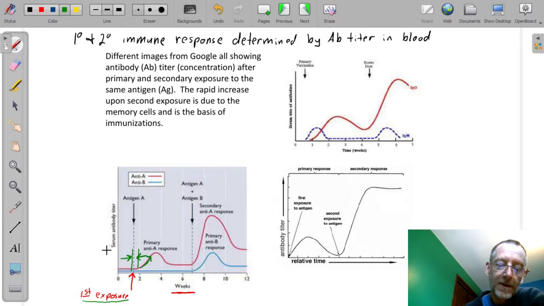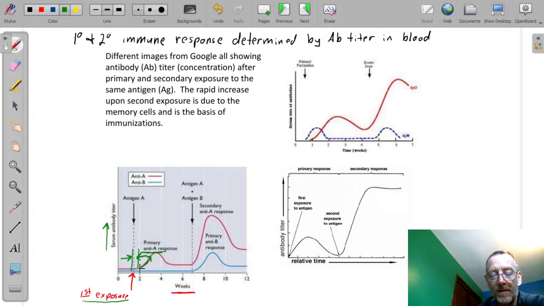And there are no units here on the side, but the level is going up. After a couple of weeks, we hit the top of the red line. That's the maximum number of antibodies that were produced from this immune response.